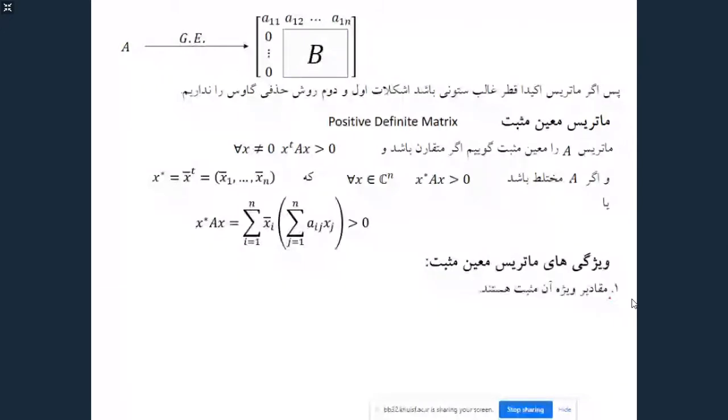First of all, the eigenvalues of a positive definite matrix will be positive. All eigenvalues of a positive definite matrix will be positive.